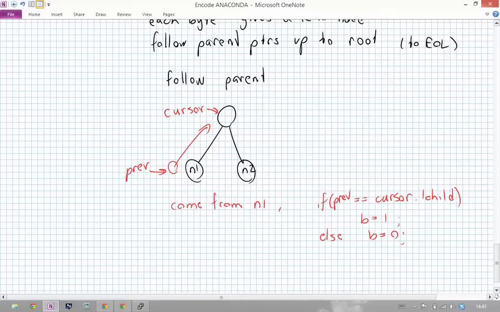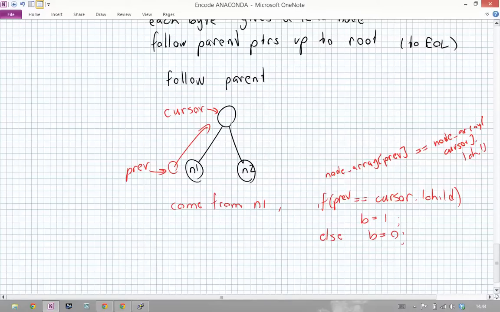In fact, really what we're doing here is something like node array prev equals node array cursor dot left child. And if it doesn't match the left child, it must match the right child, right? Because you came from one of the children. You followed the parent pointer. So if it doesn't equal the left child, it has to equal the right child.